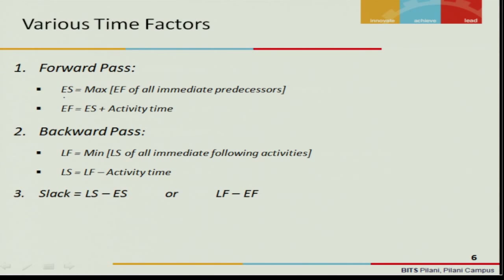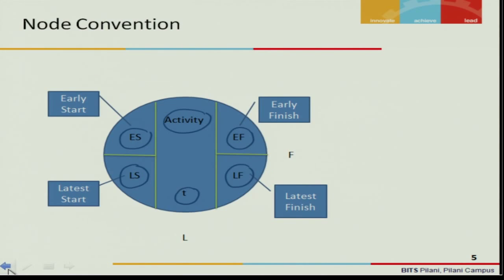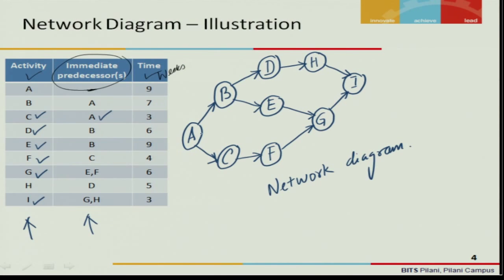Early start is nothing but the maximum of all early finish of the immediate predecessors of that activity. If you have one activity, it will be the early finish of its predecessor. If you want to find the ES of B, it will be nothing but the early finish of A, because in this case B has only one predecessor.